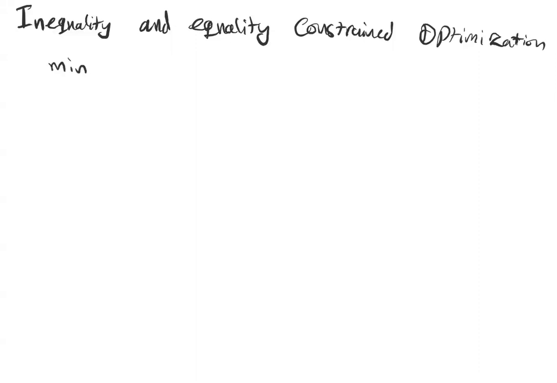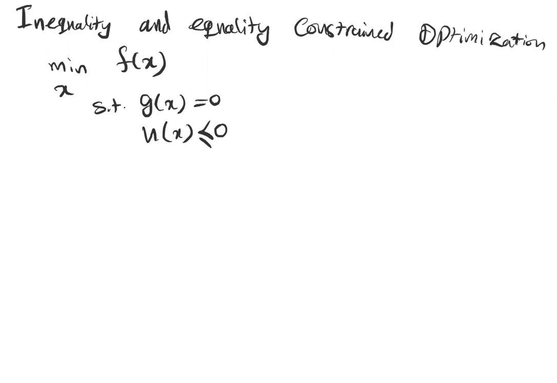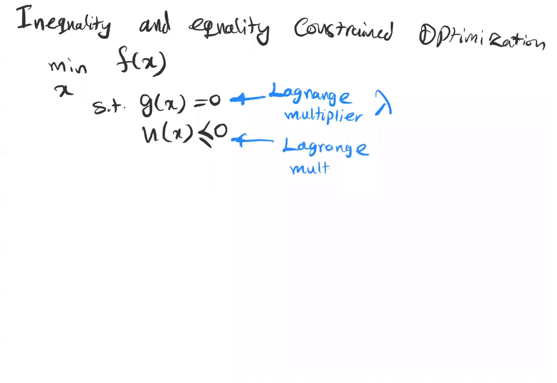So we have minimizing f of x subject to g of x is equal to 0 and h of x less than or equal to 0. So we define Lagrange multipliers corresponding to the equality constraint. We call them lambda, for the equality constraint equal to 0.